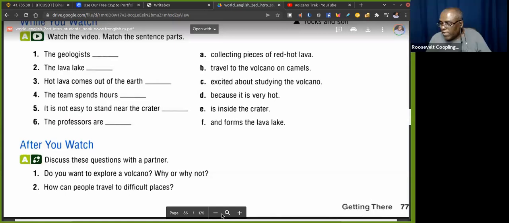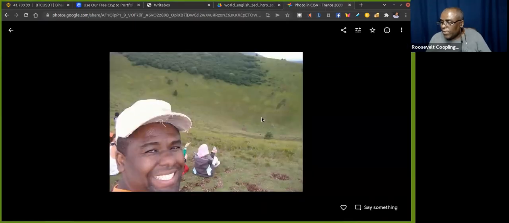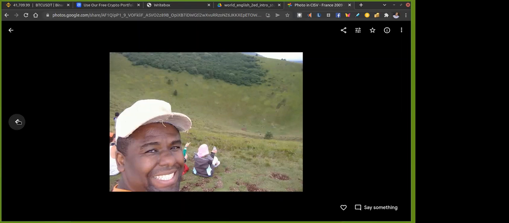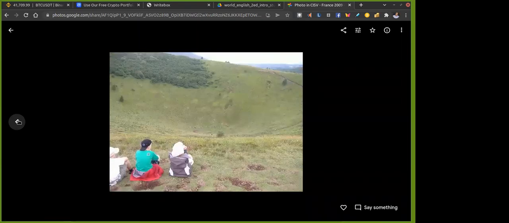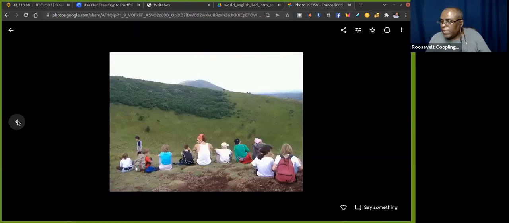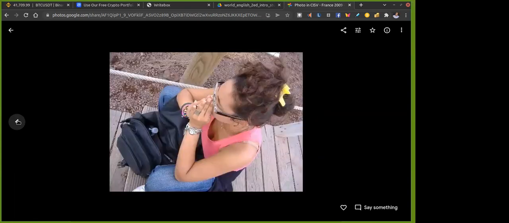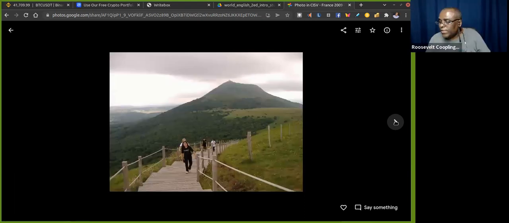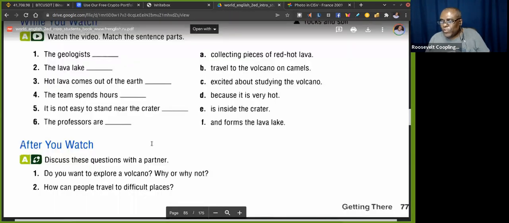Ah, you can see the volcano? Yeah. That was the dormant volcano. The volcano is dead. Yeah, it's dormant. Dormant, we say. Yeah, it's not alive. It's a good opportunity to visit.